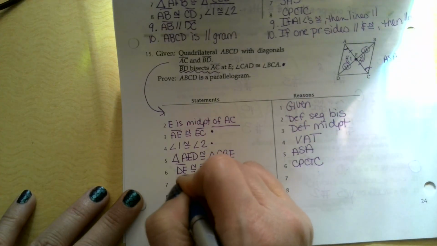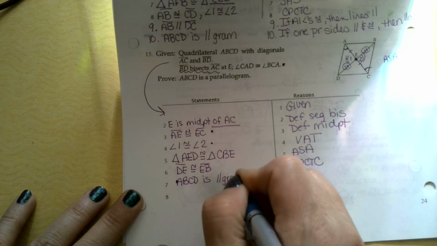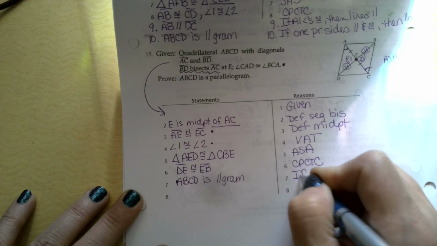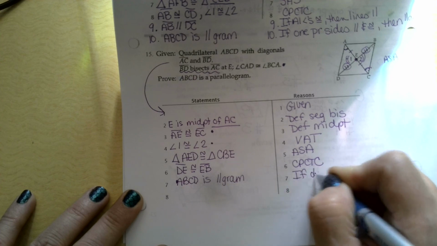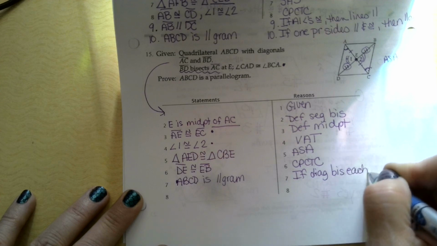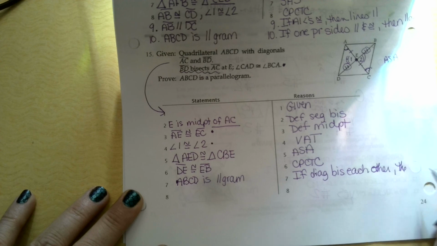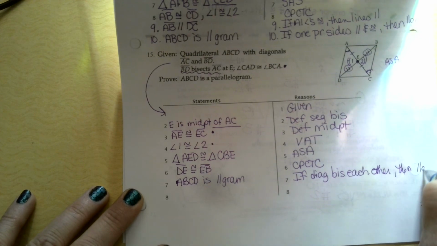So ABCD is a parallelogram if diagonals bisect each other, then we have a parallelogram.